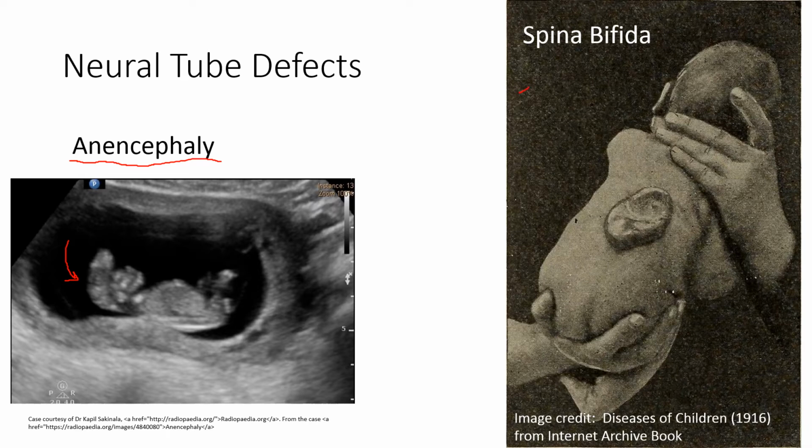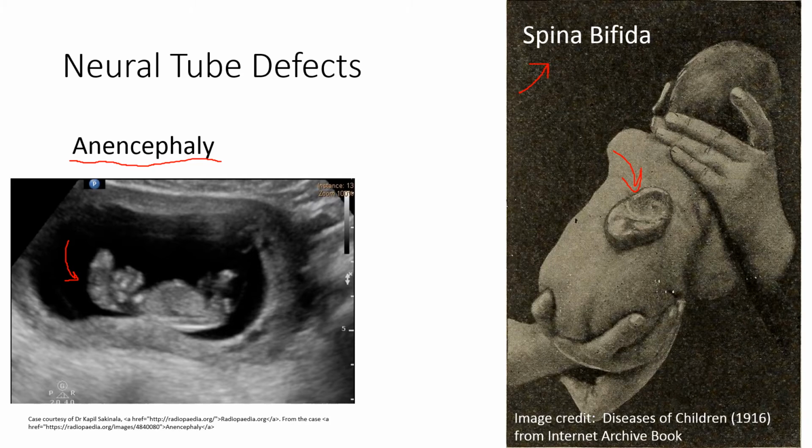Spina bifida results if the neural tube does not completely close on the lower end, inferior to the hindbrain. In spina bifida, the spinal cord and spinal vertebra do not develop properly in utero. Sometimes a sac of fluid protrudes through an opening in the back, and a portion of the spinal cord may be trapped inside.